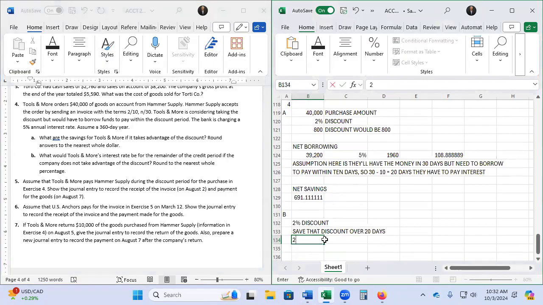And so we have 2% multiplied by 20 days divided by 360, which is the total year. And this is where I said sometimes you'll see 360 and sometimes you'll see 365 used. 360 is just used because it's easy calculations.